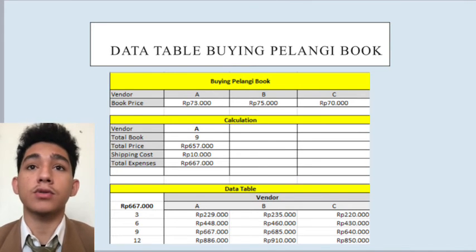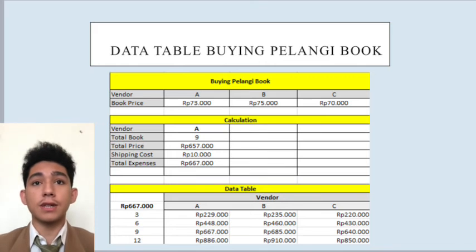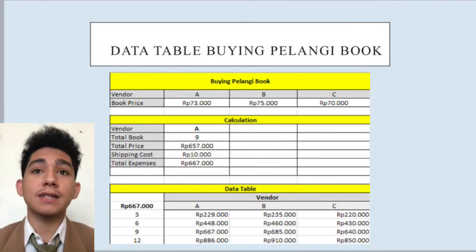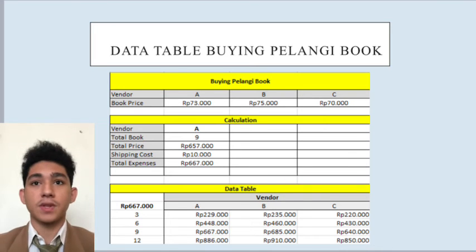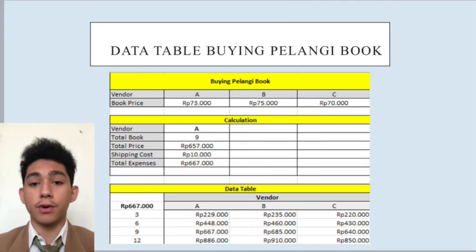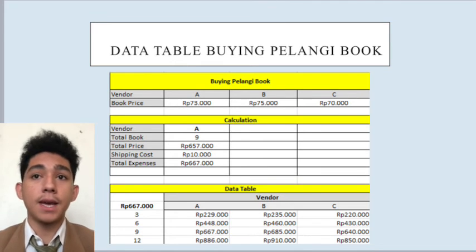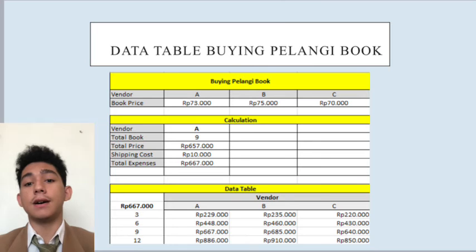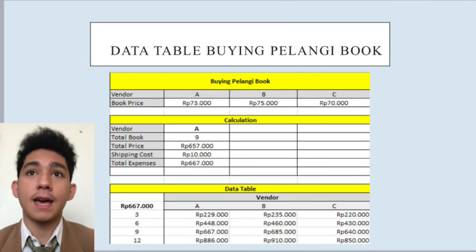The shipping cost is 10,000 rupiah, so the total expense is 667,000 rupiah. So the vendor that we want to use is C, because C is the cheapest.